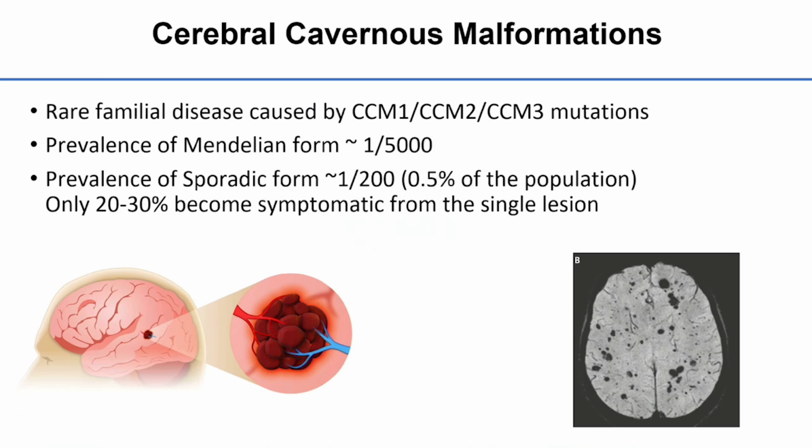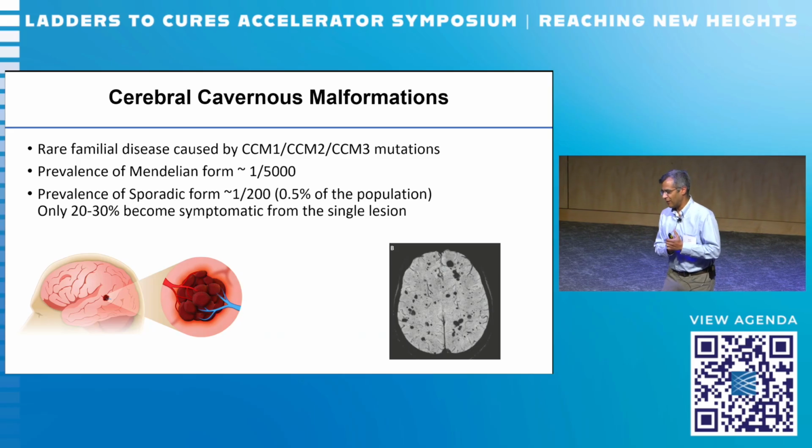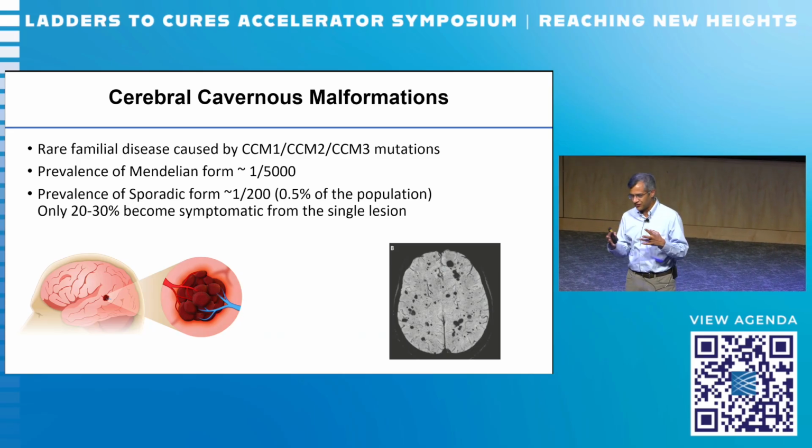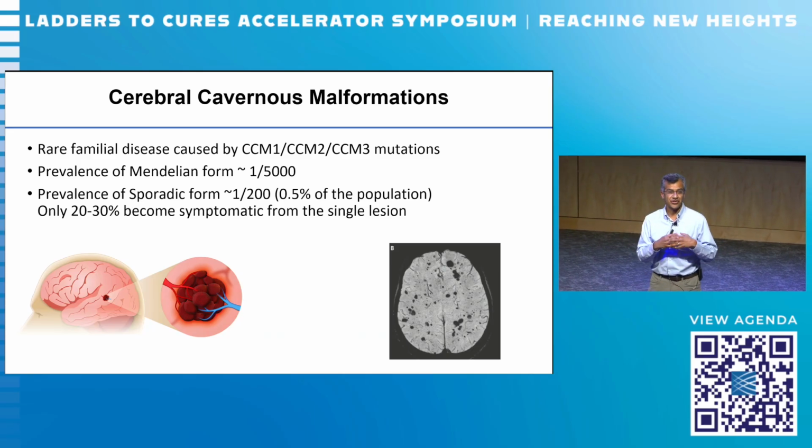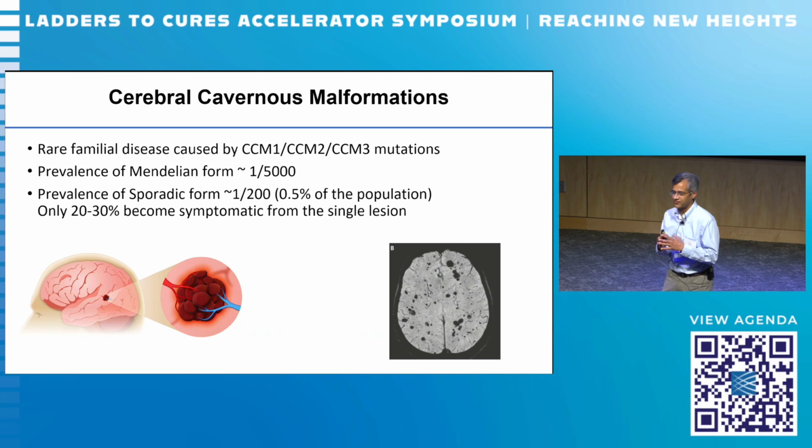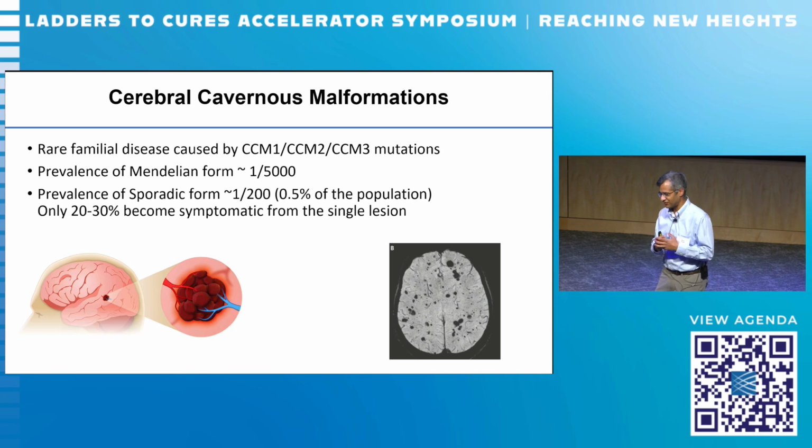Okay, so the disease that I'm going to talk to everyone about is cerebral cavernous malformations. There's been a big focus on neurodegenerative disease, neuromuscular disease, and this is a neurovascular disease. It's extremely rare. There's a Mendelian form, which is 1 in 5,000 people, and then there's a sporadic form, which is 1 in 200 people, so more common. The Mendelian form is driven by 3 mutations, all named for the disease they cause: CCM1, CCM2, and CCM3.